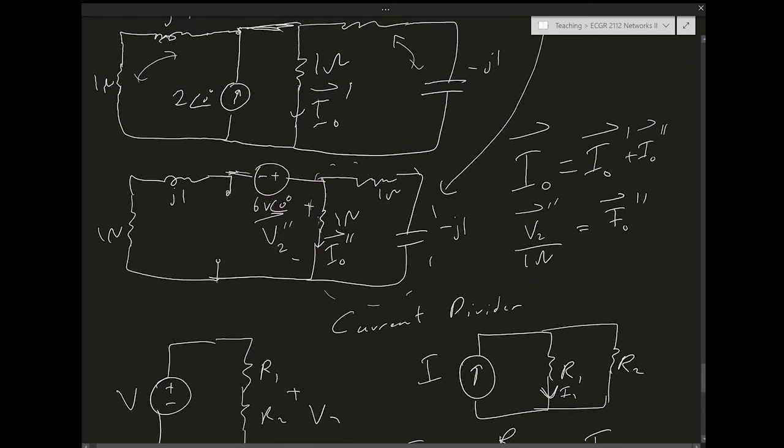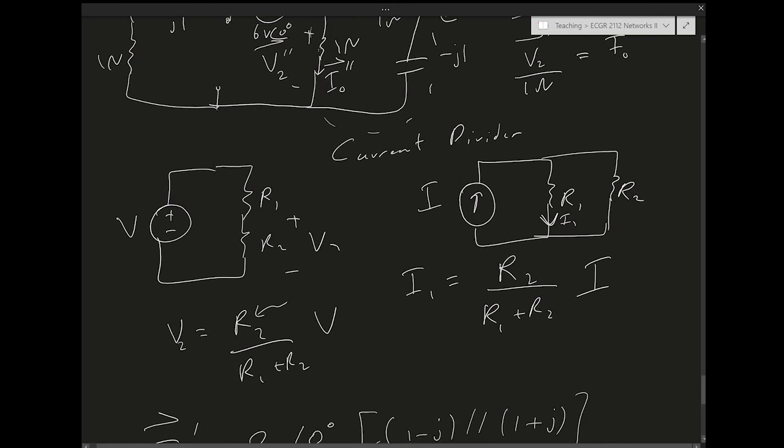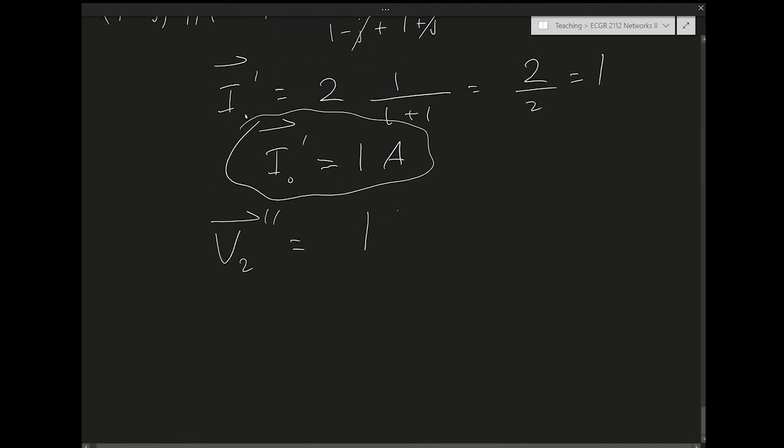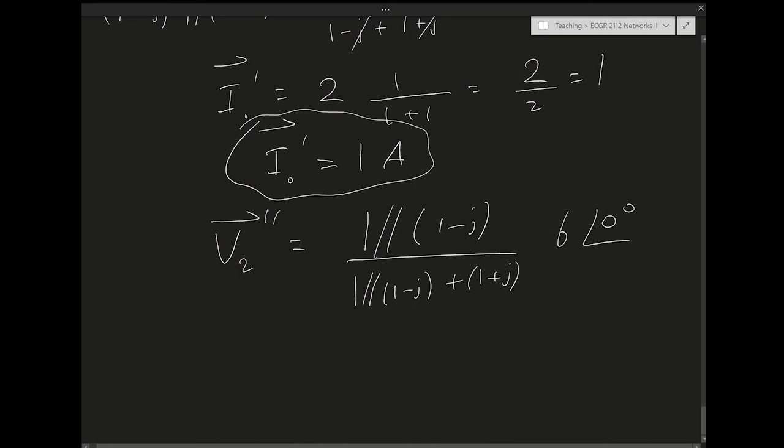This impedance here is 1 ohm parallel 1 minus j. And then I take this whole thing and find the total impedance, which is this whole thing in series with 1 plus j. So the voltage divider is as follows: 1 parallel 1 minus j divided by 1 parallel 1 minus j plus 1 plus j, times 6 angle 0.